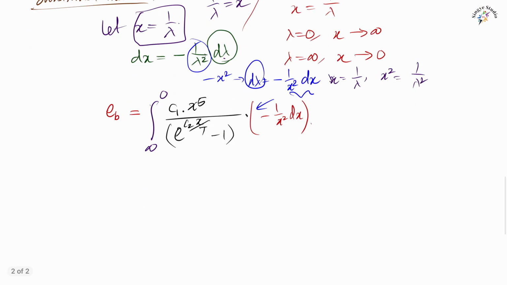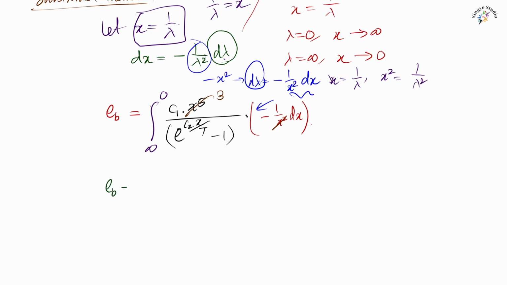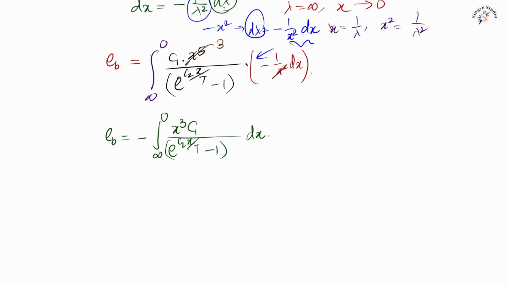Now we can do some simplification here, saying x cubed. Then we are getting E_B equals minus of the integral from infinity to 0 of x cubed c1 upon e raised to c2 x by t minus 1 times dx. And we can also write that if we have a function of x dx from limit a to b, then we can write minus of f of x from b to a, right?